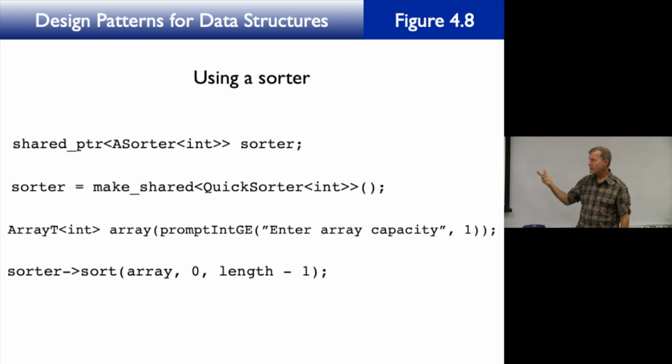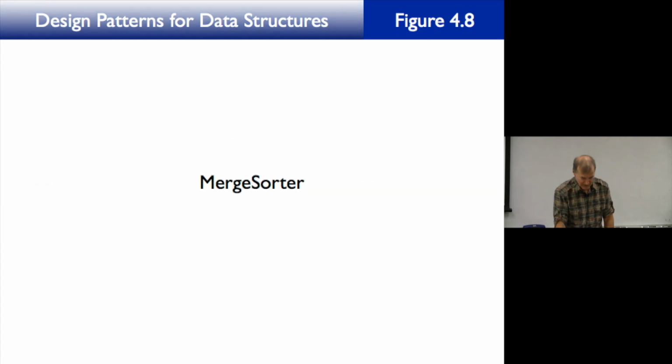And then the way you would actually execute the sort is, sorter is this object that has a public sort method. And you would say sorter.sort, and you would give it your array, 0, length minus 1, because that's what? Low and high. Does everybody see? So that's how you would use it. So you've got two objects going on here. You've got the safe array and you've got the sorter. So that's how you would use it.